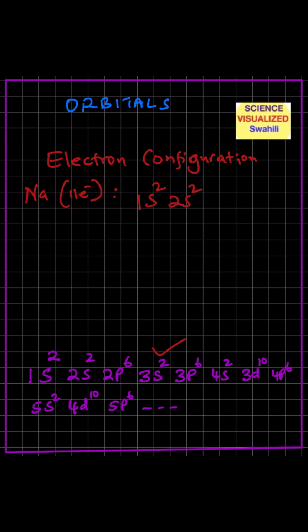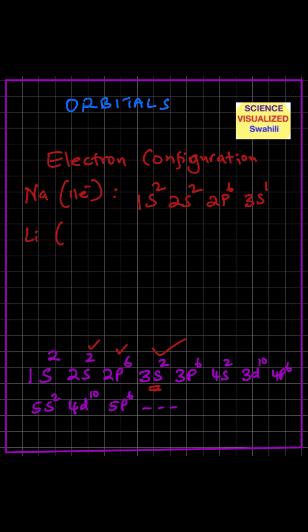Then 2s2, this one here, so that's another 2 electrons, so you're remaining with 7. And then next you go to p, so 2p6. Now we're left with only 1, and that's going to be 3s1. And you stop there. That will be the electronic configuration of sodium.